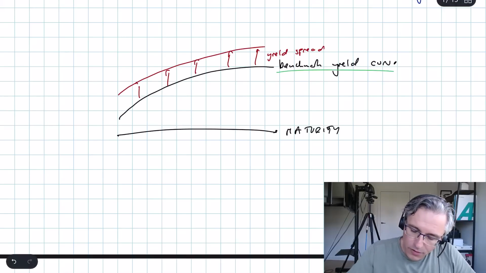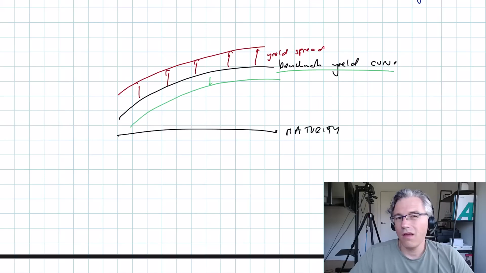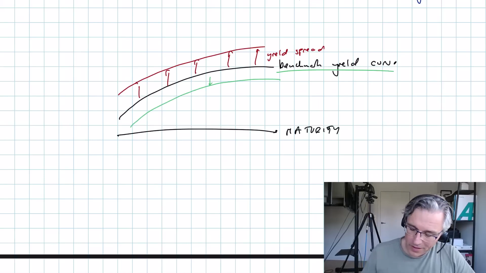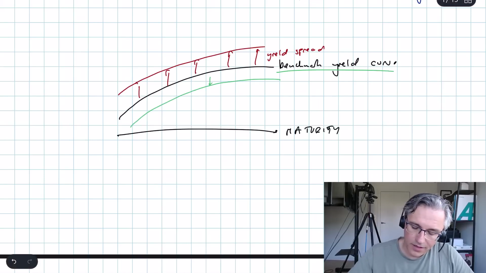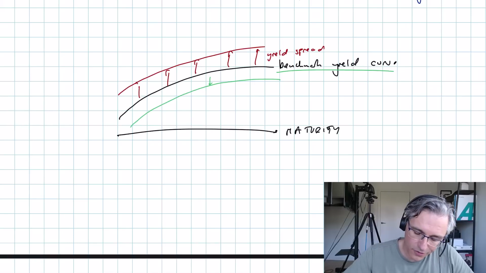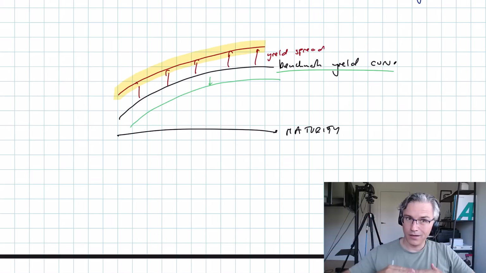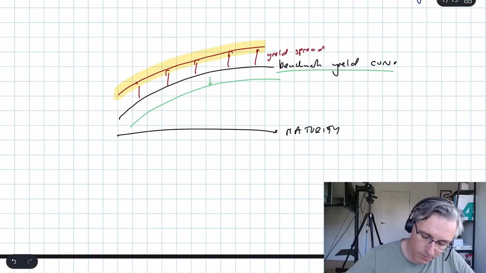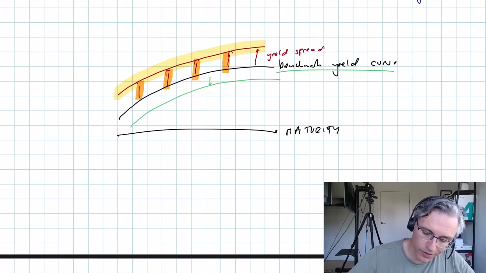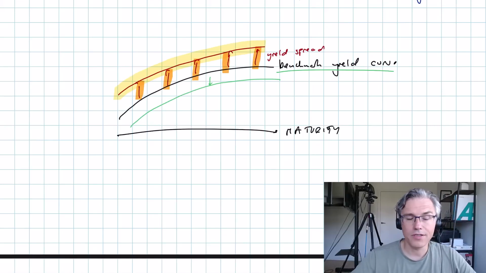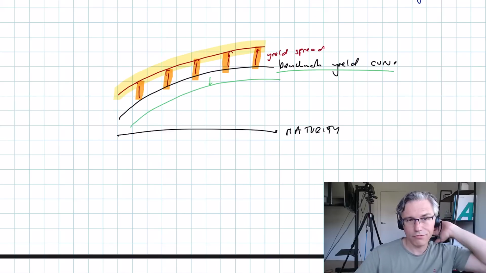If that benchmark yield curve changes, if it, for example, drops, is it fair to assume that the corporate yield curve will also go down in a parallel fashion, implying that there will be no change to the add-on element, that's the yield spread? Perhaps the yield spread will also change, and it would not change in a uniform way.